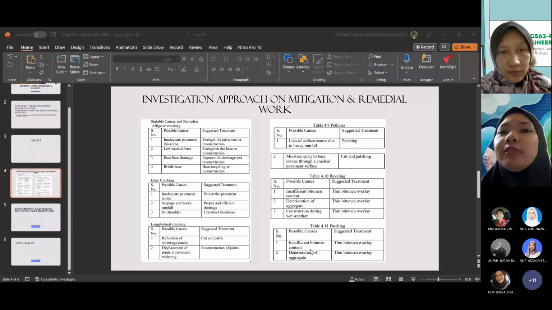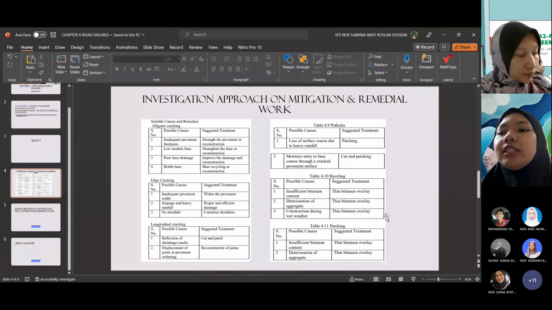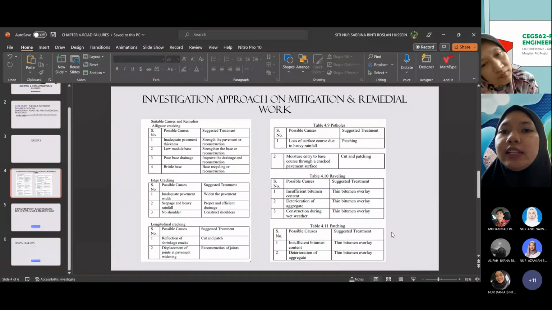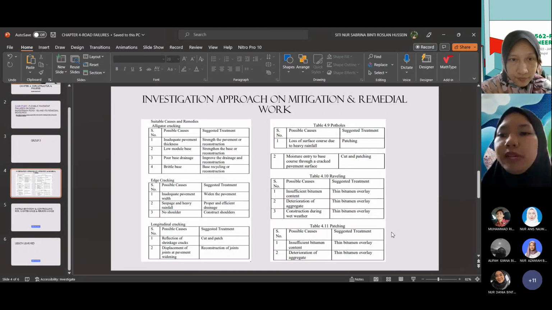Now I will present about the investigation approach on mitigation and remedial work. So, dalam failure ada alligator cracking, edge cracking, longitudinal cracking, potholes, raveling dengan patching. So, cara untuk mitigation way, cara untuk betulkan failure tu dengan suggested untuk alligator cracking, treatment dia, strengthen the pavement or reconstruction.